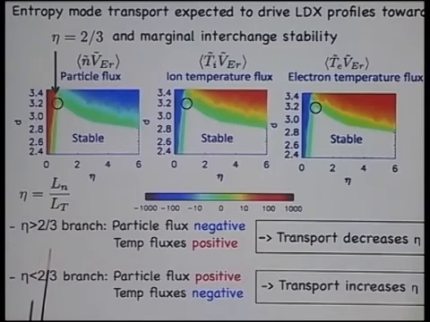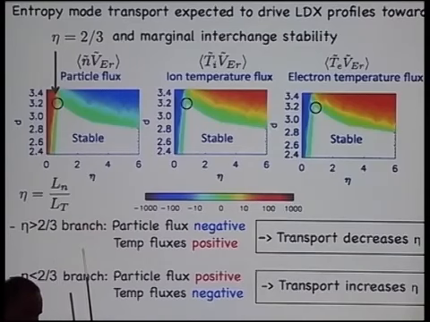Well, it's difficult. GS2 had a lot of trouble running in this zone. When we first did this, we had to put in some hyperviscosity. When you go to the 3D dipolar system, the code seems to run fine without any hyperviscosity.